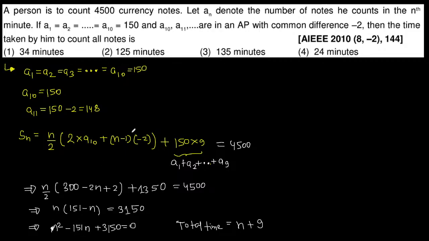I think n is 160, or 21, and the other value of n will be rejected because it will come into the negative zone. This is a good question, IIT Advanced level. The previous one was also IIT Advanced level.